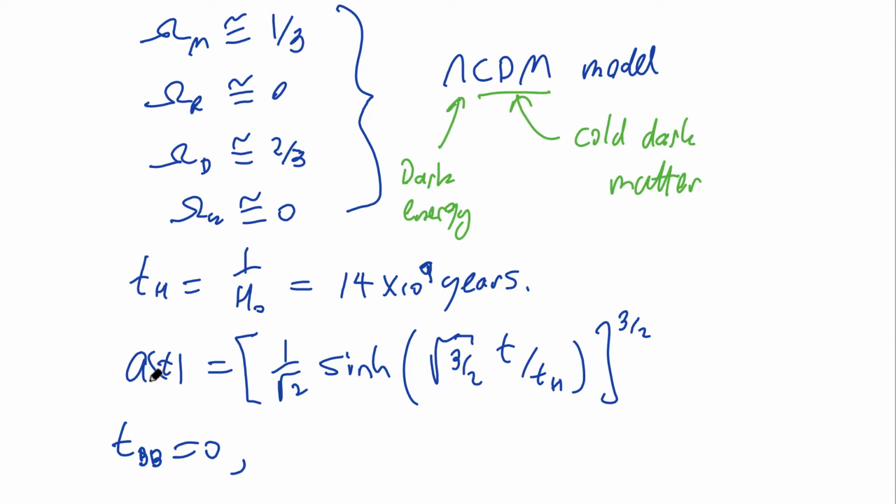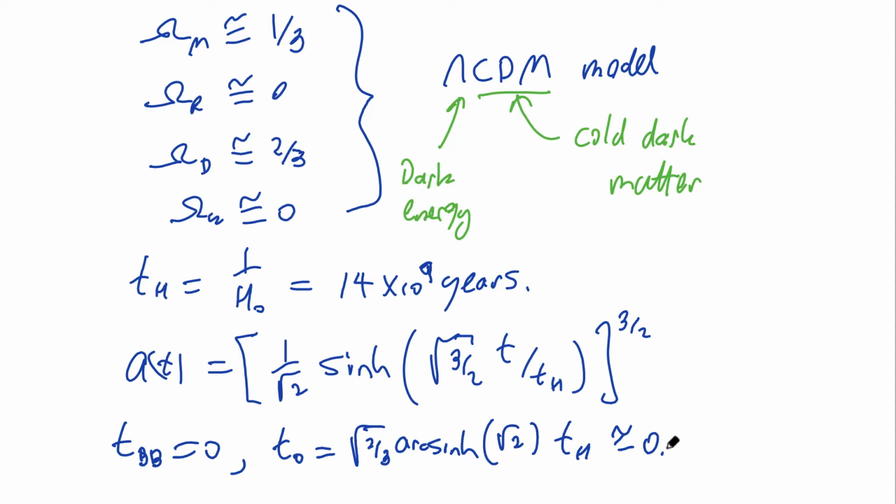That's the time that a is equal to 0. The current time, the now time, is square root of 2/3 times arcsinh of square root of 2 times t_H, and that's approximately 0.936 times t_H. And the current value of the scale factor is 1.